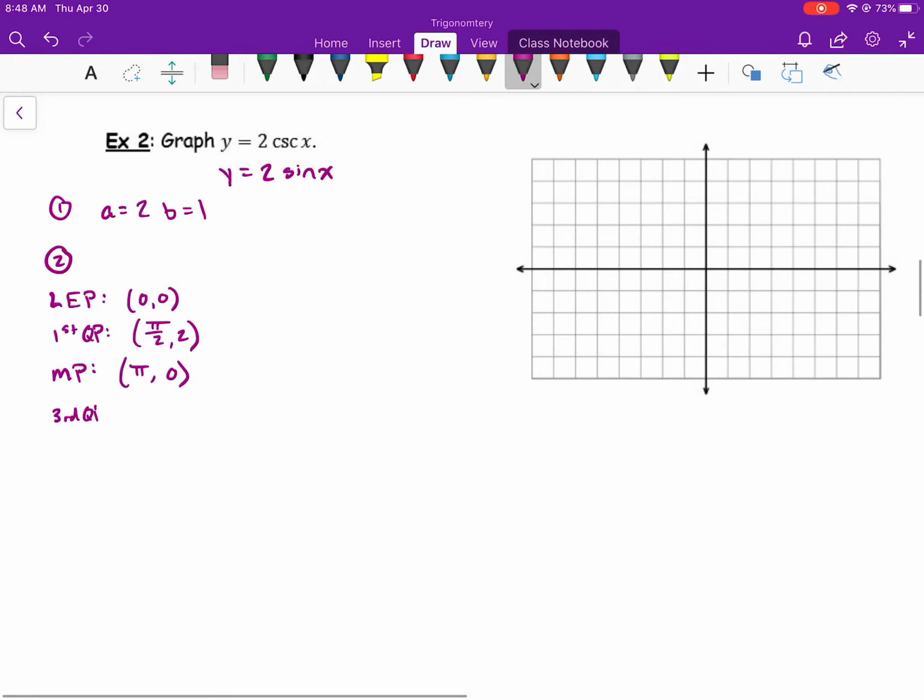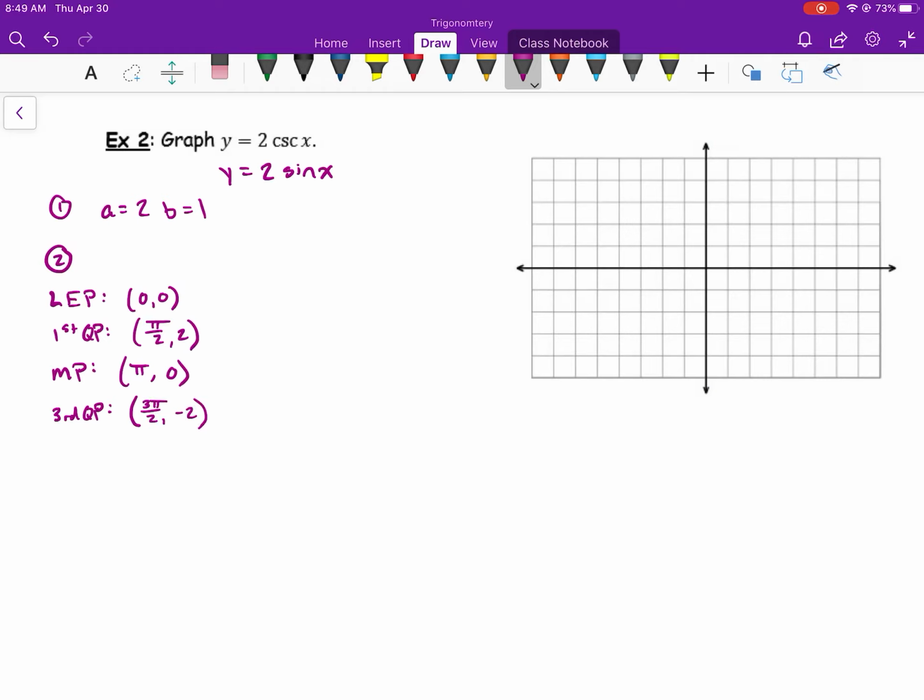Third quarter point is 3 pi over 2b, so 3 pi over 2, negative A, which is negative 2. And then my right endpoint is 2 pi over b, 0.